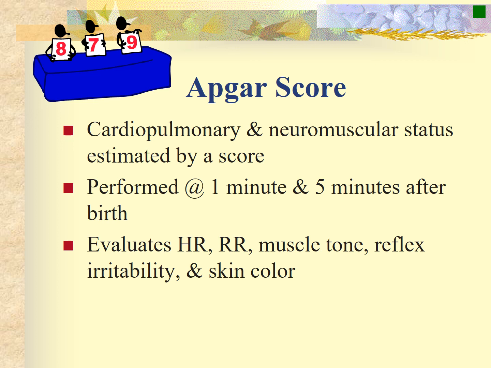At 5 minutes, we reassess the baby for Apgar score, and the purpose of that one is to see if our resuscitation efforts, if they were needed, are successful. So if you have a 1 minute Apgar score of 8 and a 5 minute Apgar score of 9, then our resuscitation effort was successful. What would our effort be on a score of 8 at 1 minute?